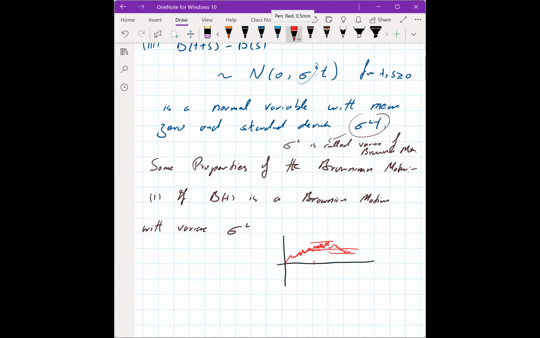But if I consider a very large step, it's not restricted to this deviation sigma. So let's say this is sigma. And so you're not restricted here. What you expect for large steps is that you can go up, and similarly you can go down.